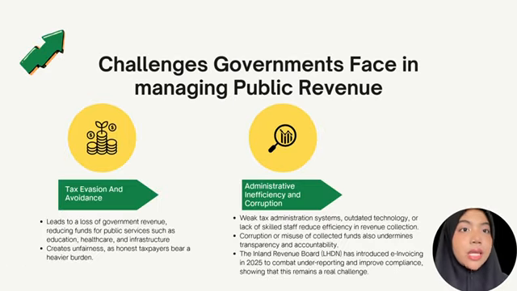Lastly is about the challenges the government faces in managing public revenue. The first one is tax evasion and avoidance. There are so many organizations or individuals who avoid paying tax. This can lead to reduced funds for public revenue, which funds public services such as education, healthcare, and infrastructure.